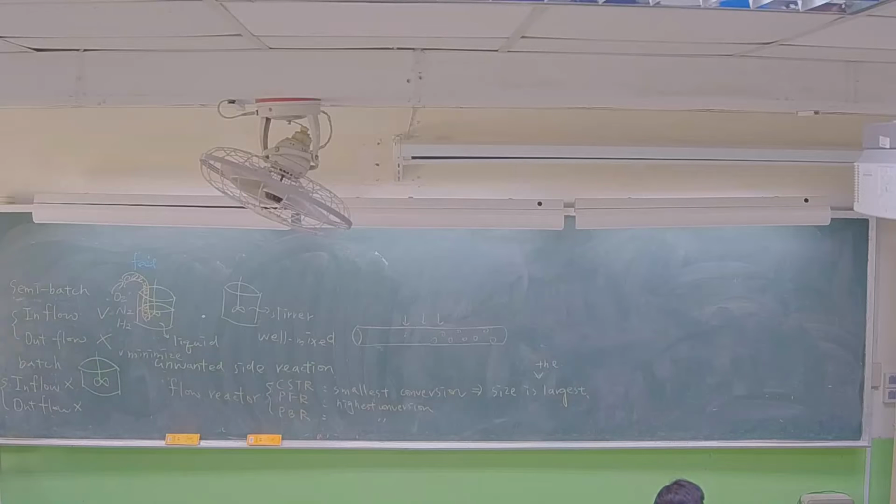Part more, slide 28. This one is the fluidized bed. It is very similar to CSTR, but it is a heterogeneous system. So it is like a heterogeneous type CSTR.